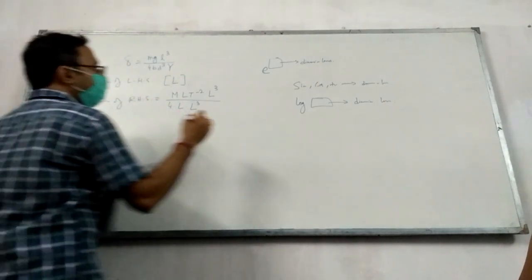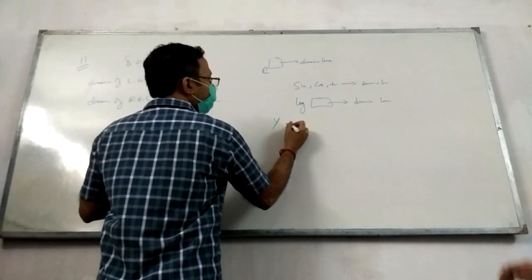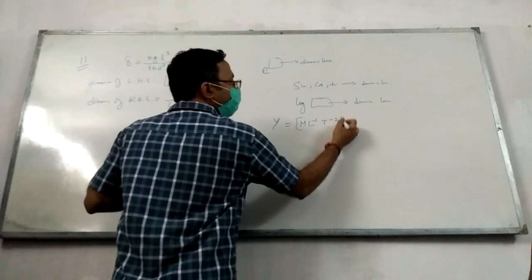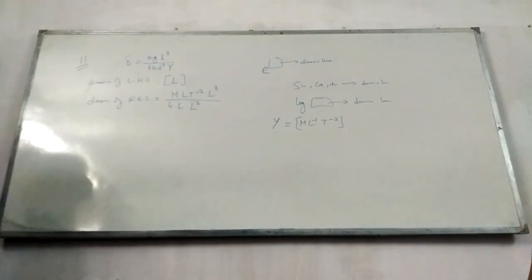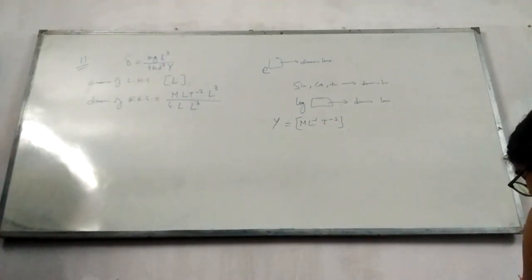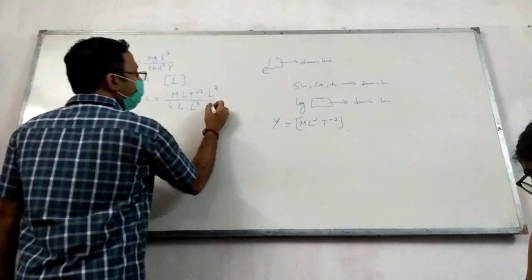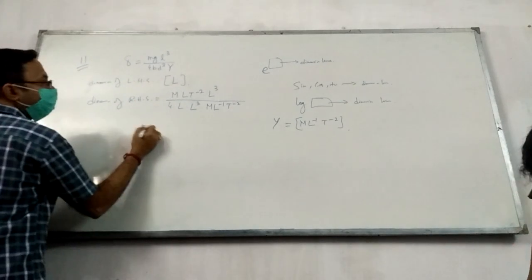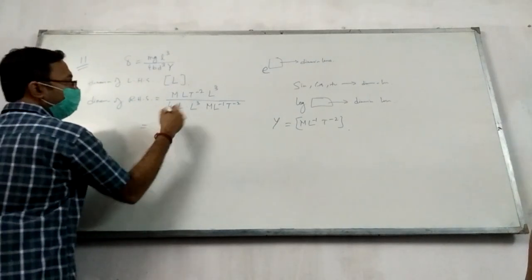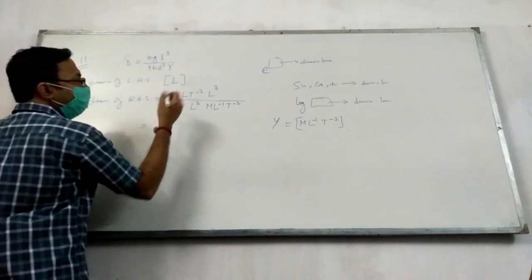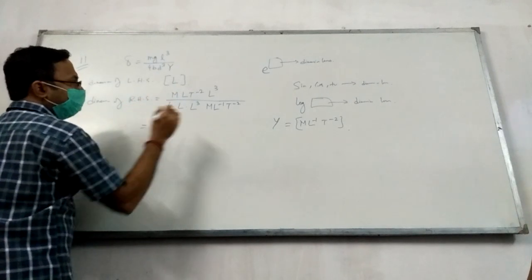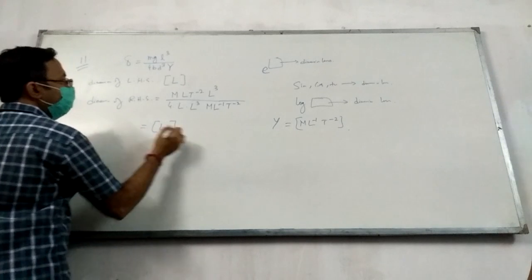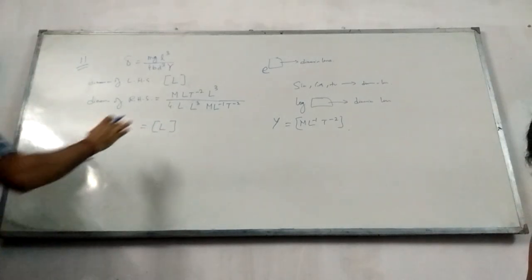That is a problem. Young's modulus has the same dimension as pressure, M L to the power minus 1 T to the power minus 2. So M and T cancel, l cube, l cancels, one L to the power minus 1 goes down, so you go upwards and get L. So dimension of LHS is equal to dimension of RHS.